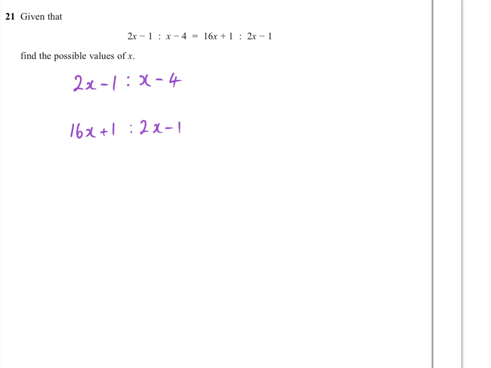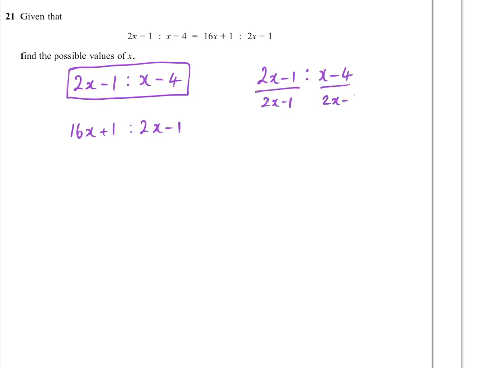What I'm going to do is get this as a unitary ratio, so I'm going to make one of the sides 1, and I'll divide both sides by 2x minus 1 to make the left hand side 1. So that gives me 1 to x minus 4 over 2x minus 1. And then I'm going to take this ratio here and make the left hand side 1 as well.